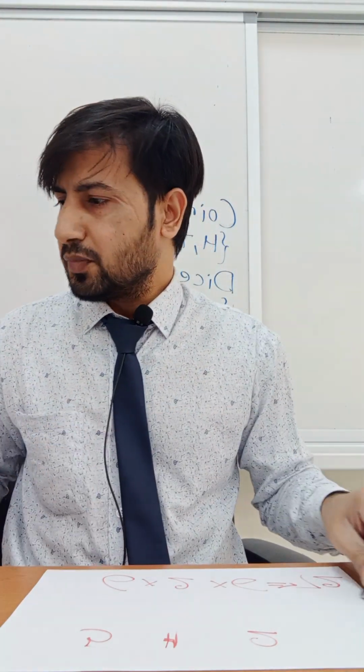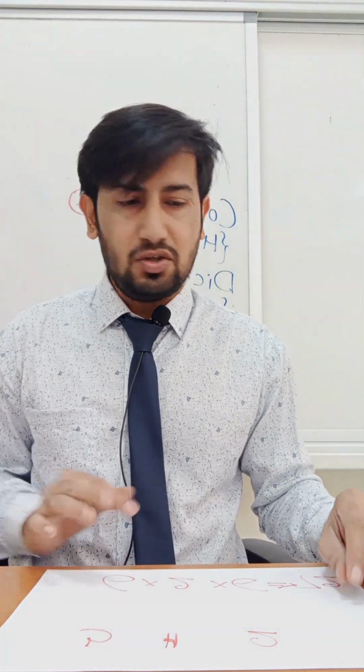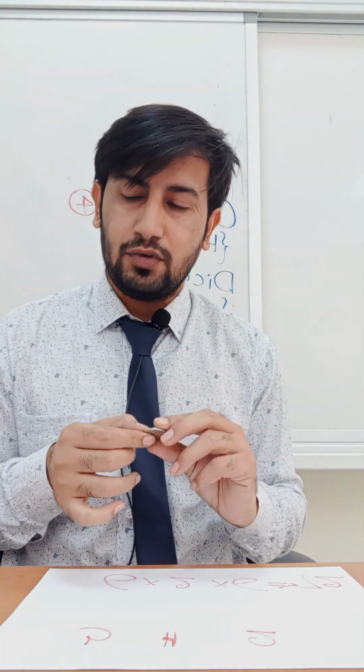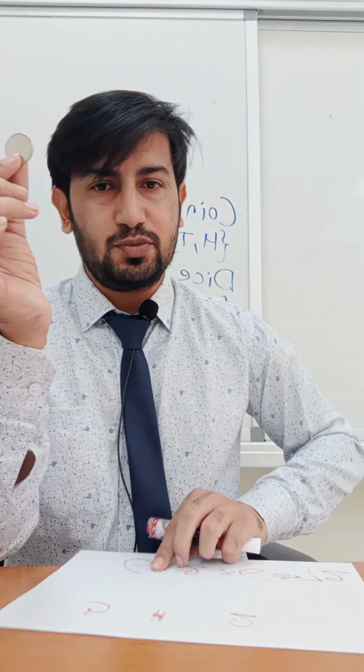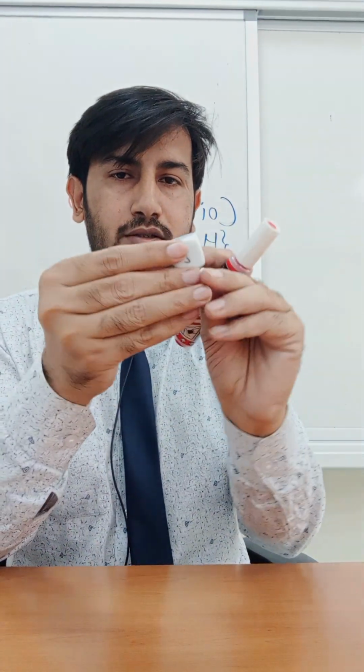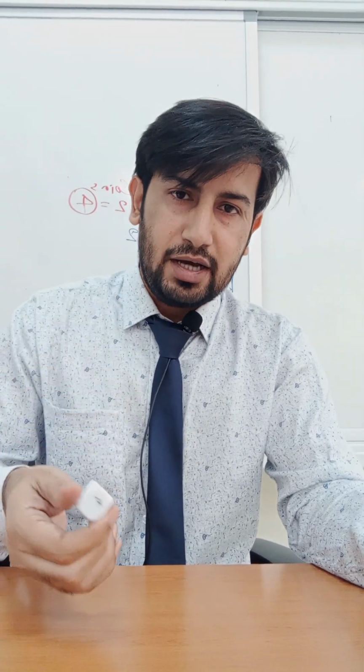Now if I want to draw a tree diagram, how will I draw it? First of all, the first experiment is a die, and let's take a combination of a die and a coin. First, I will roll a dice.